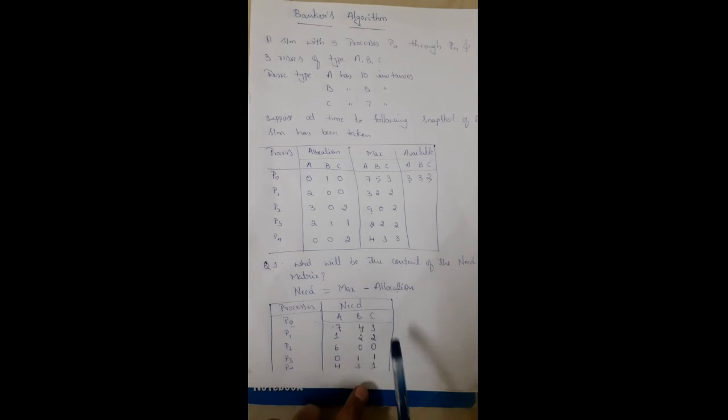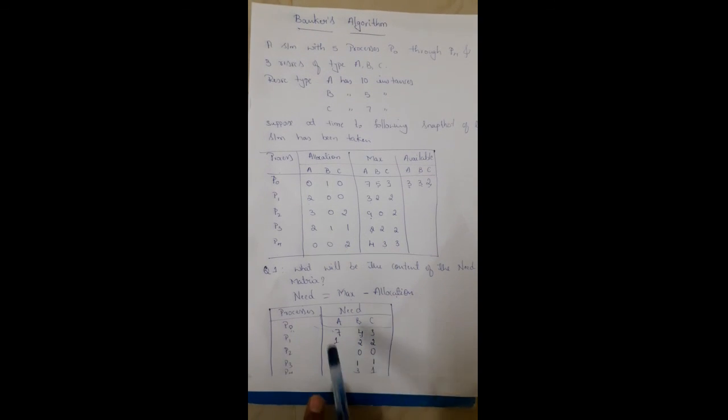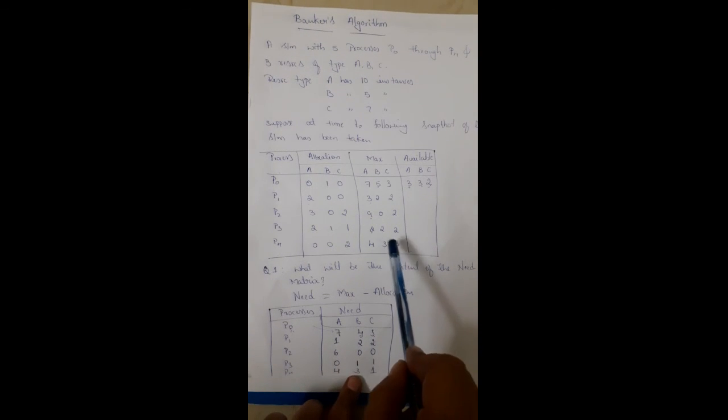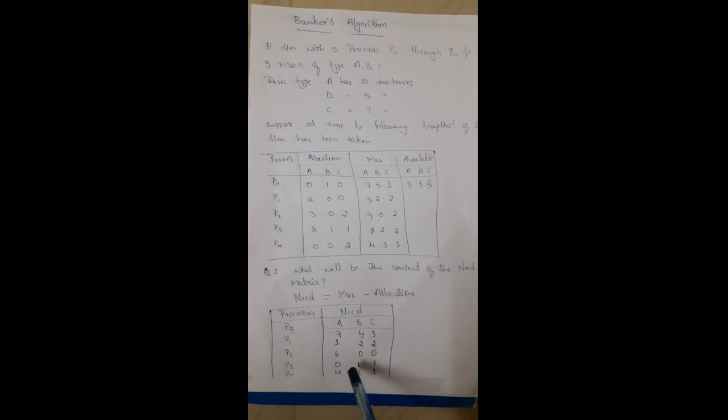And 2 minus 1, 1. With respect to P4, the last process, 4 minus 0, 4. 3 minus 0, 3. 3 minus 2 is 1. So this is the need matrix for the given set of processes, from P0 to P4. This is the first question.